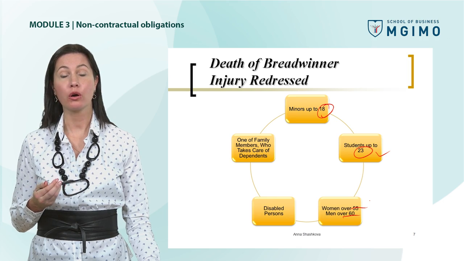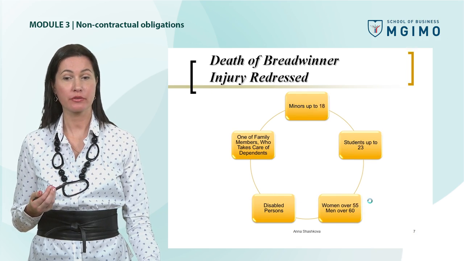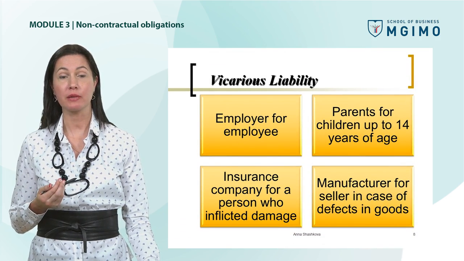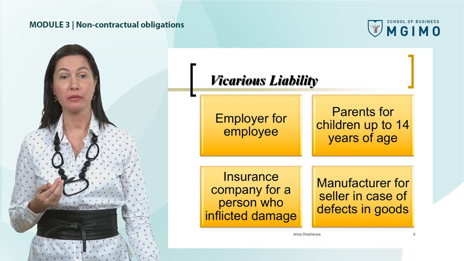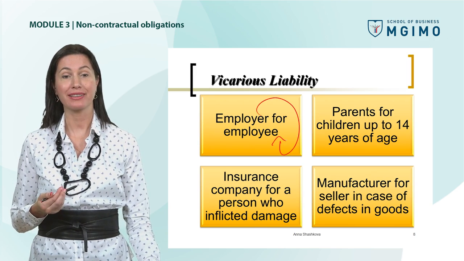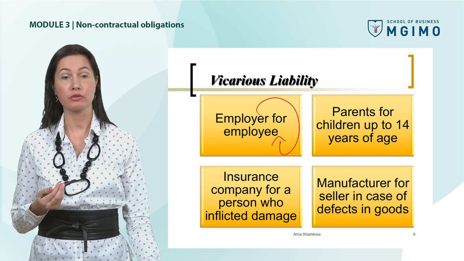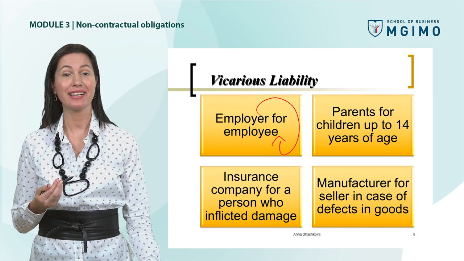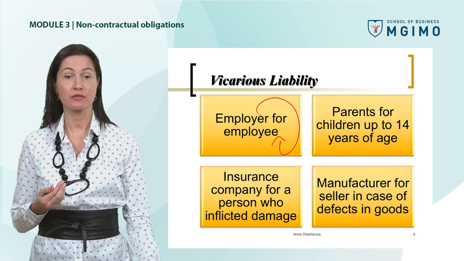And who compensates liability? In the general case, liability is compensated by the person who has committed damage. But of course, there are exclusions. Exclusions mean vicarious liability. Employer is liable for employee, so primary liability comes to the employer. Later, the employer, by way of recourse, may claim against the employee, but initially, the damaged person will call the employer. So, for example, a driver who works for a particular legal entity, the entity will answer for this driver.